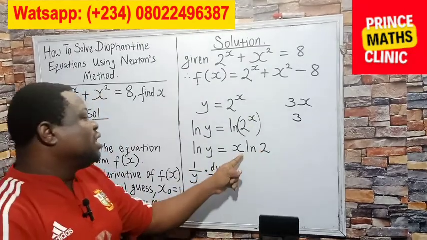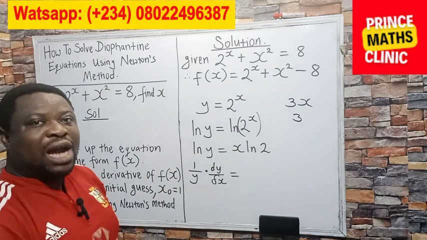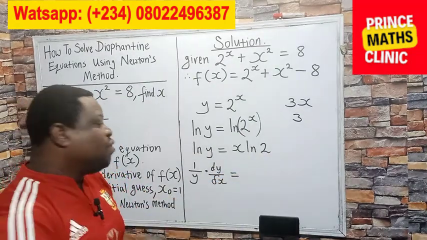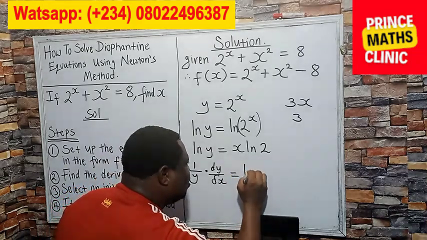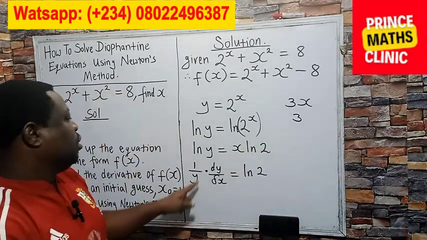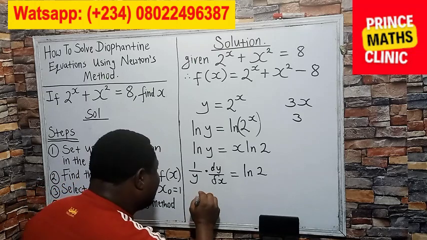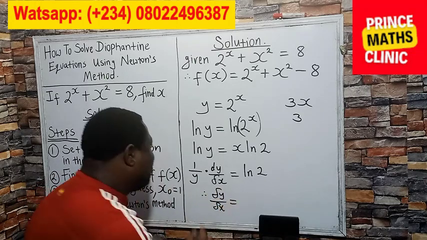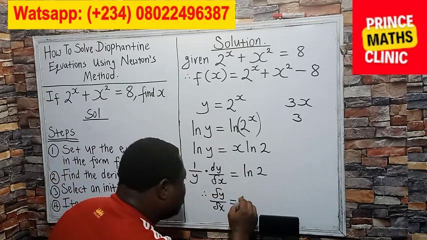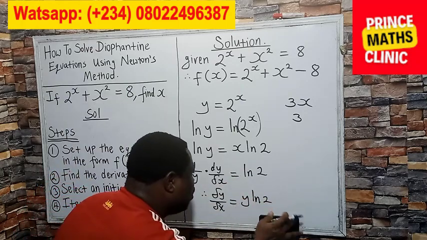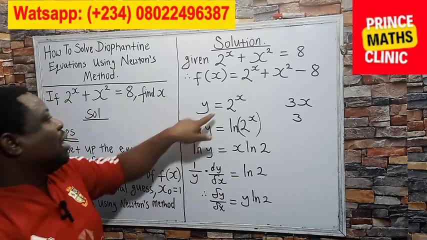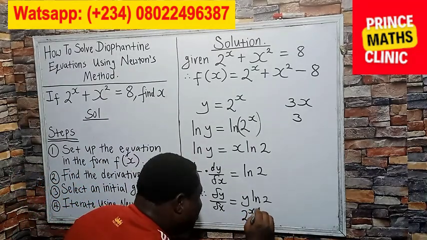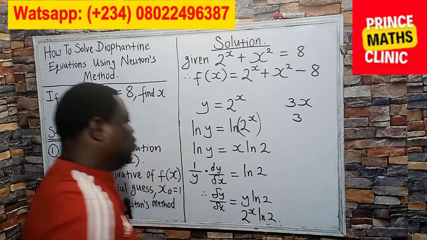So if you differentiate x ln 2, remember I said you have to leave this because it's a constant, this becomes ln 2. So to achieve dy dx, therefore, dy dx will now become y times ln 2. And what is y? Remember we said that y is 2 to the power of x. So this becomes 2 to the power of x ln 2.